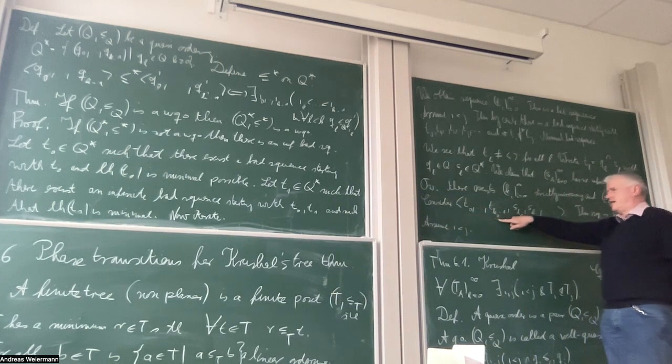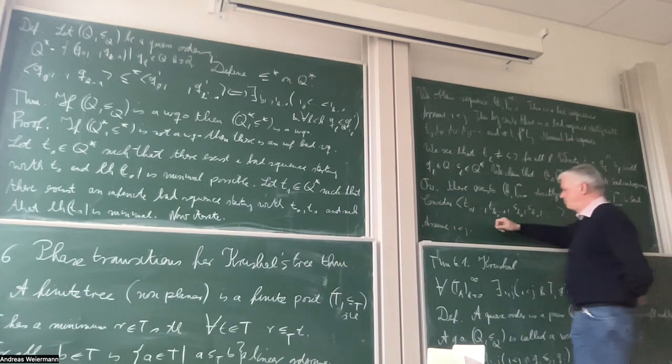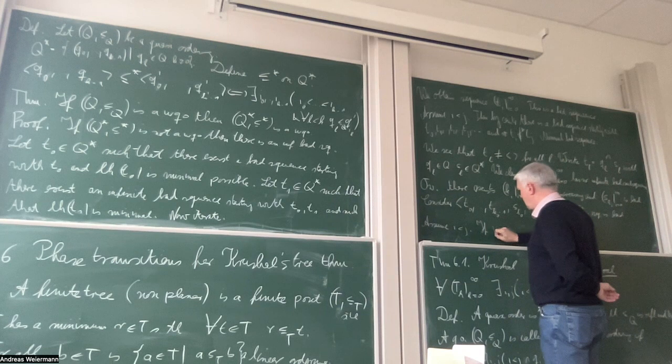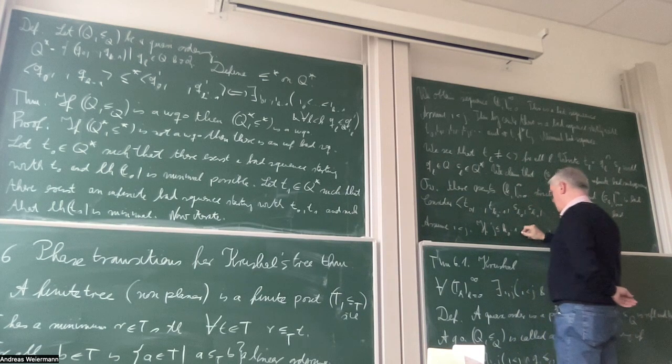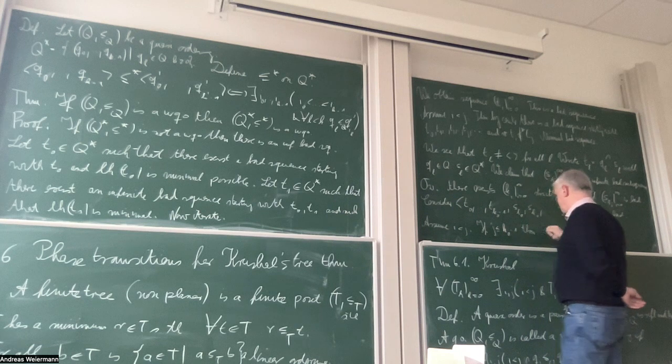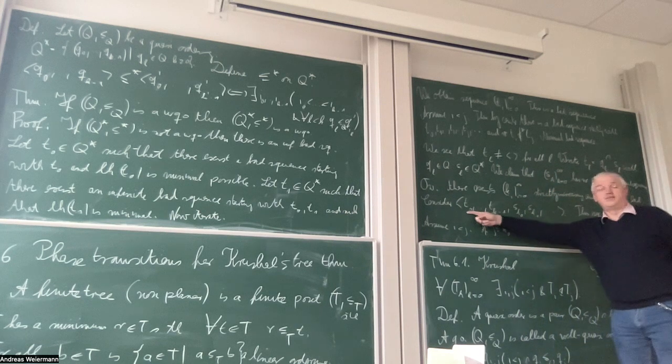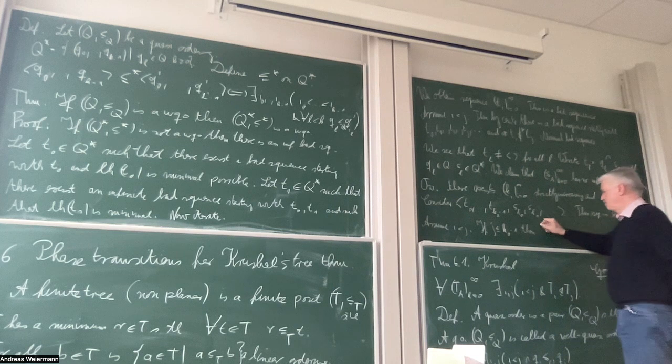If i and j are in this interval, so if j is in k minus k0 minus 1, then of course it's the starting part of a bad sequence, so Ti is not embeddable.